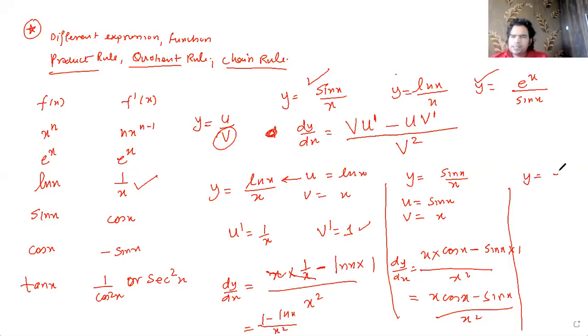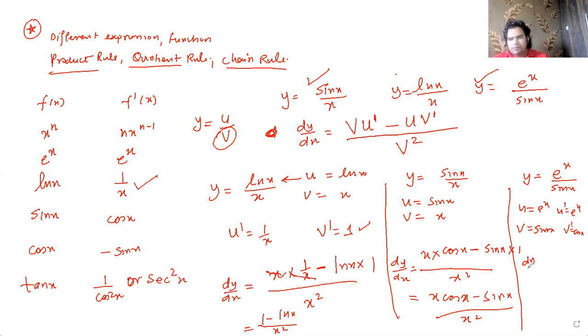So y equals, let's say, e to the power x over sine x. Now u is e to the power x and v is sine x. So u dash is going to become e to the power x and v dash is cos x.